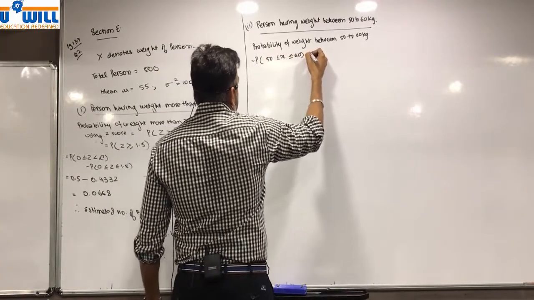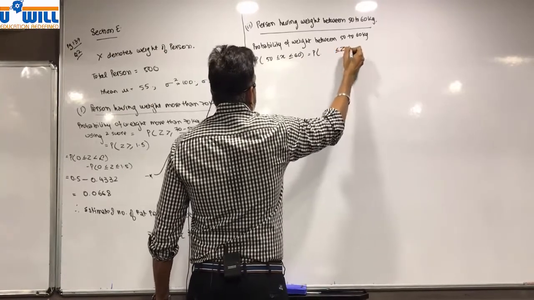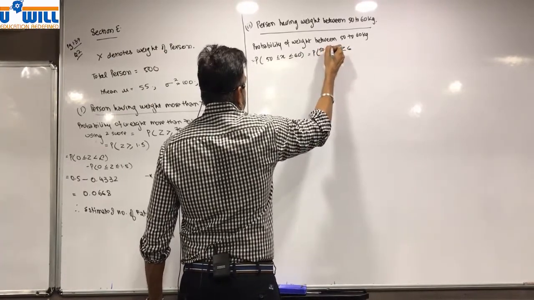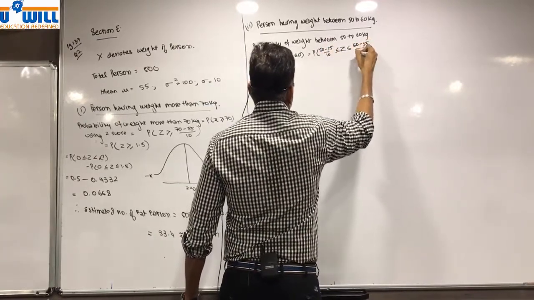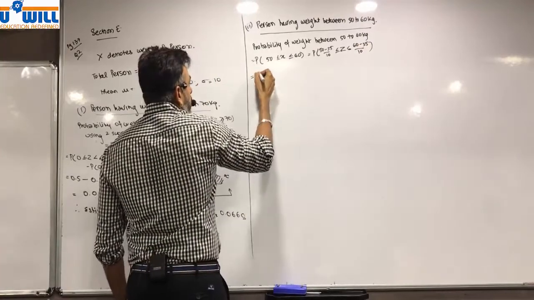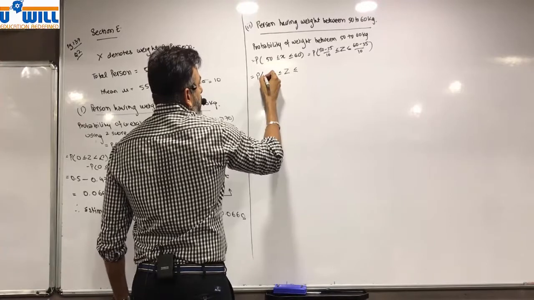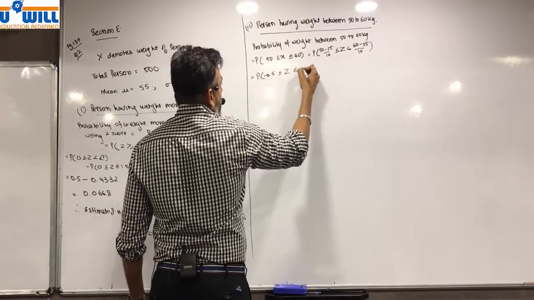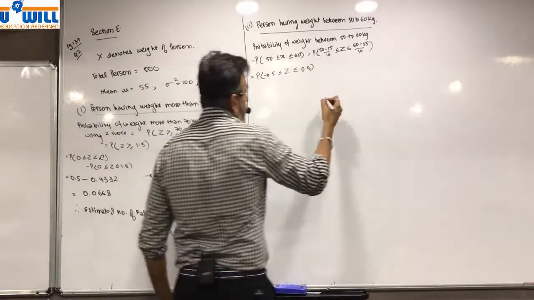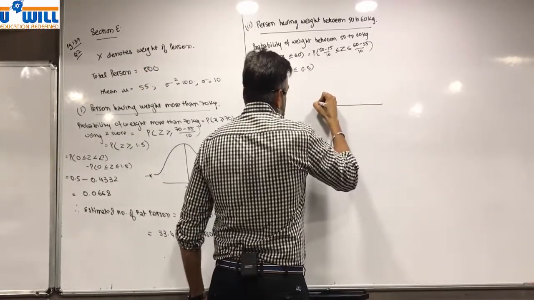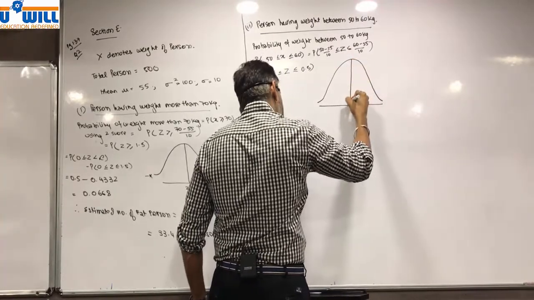We convert this into z, which is equal to probability of z greater than equal to (50 minus 55) upon 10 and less than equal to (60 minus 55) upon 10, which is minus 0.5 and plus 0.5. We find the probability, but first we make the graph.